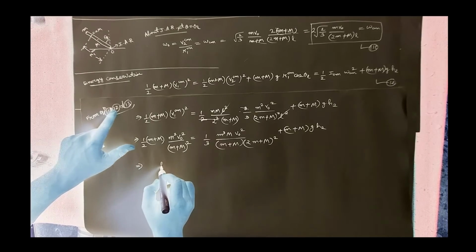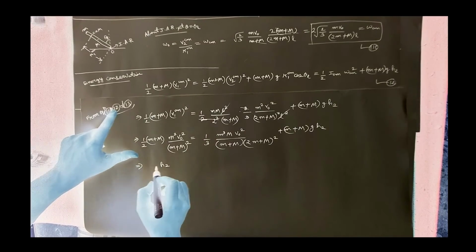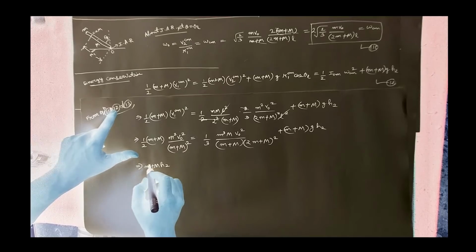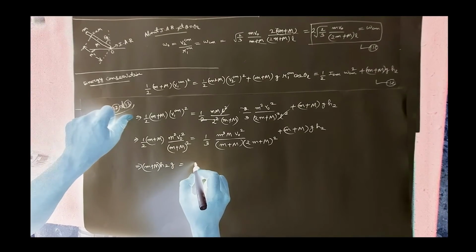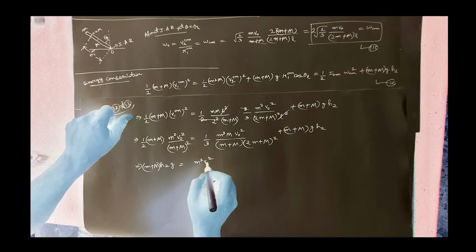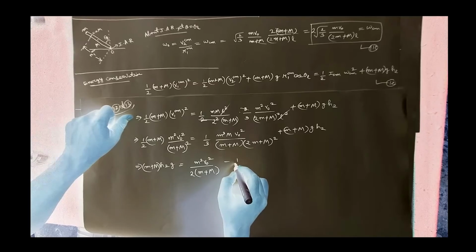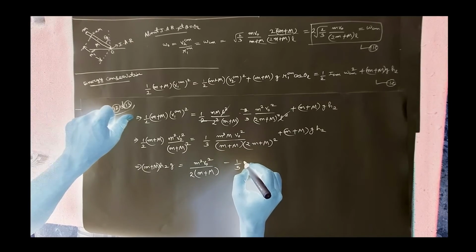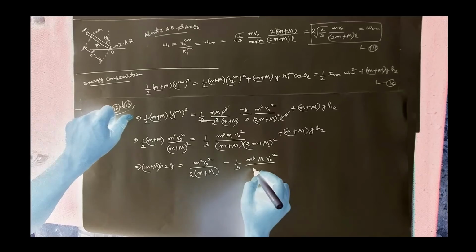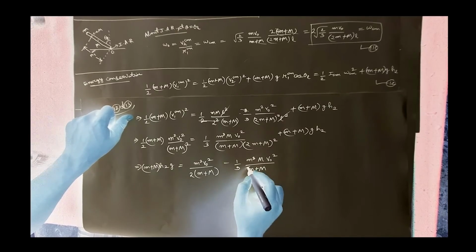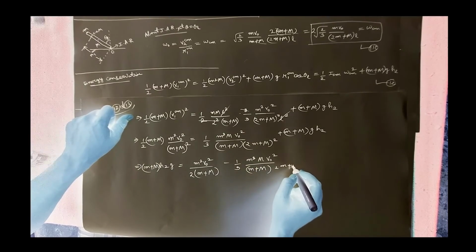So I'll get the value of H2: (small m plus capital M) H2 g as m square V naught square by 2(small m plus capital M) minus 1 by 3 m cube capital M V naught square by (small m plus capital M)(2 small m plus capital M).